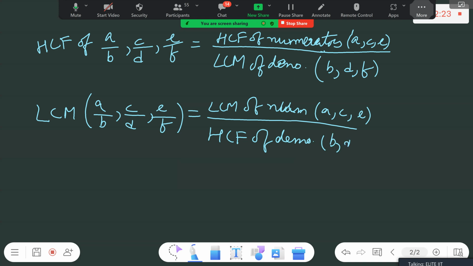How to remember this? For the HCF, you find the HCF of numerators but the LCM of denominators. For the LCM, you find the LCM of numerators but the HCF of denominators. HCF and LCM of fractions.